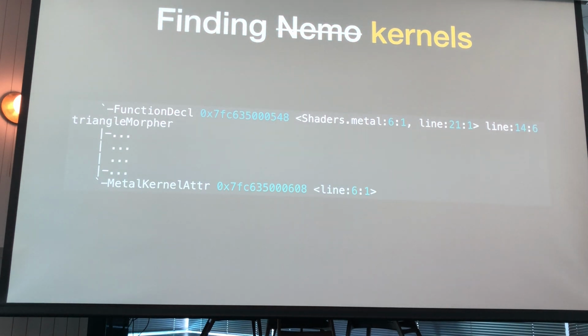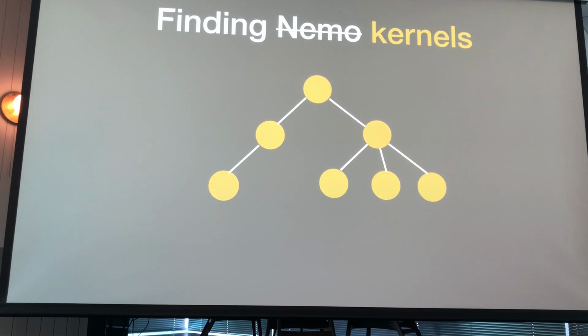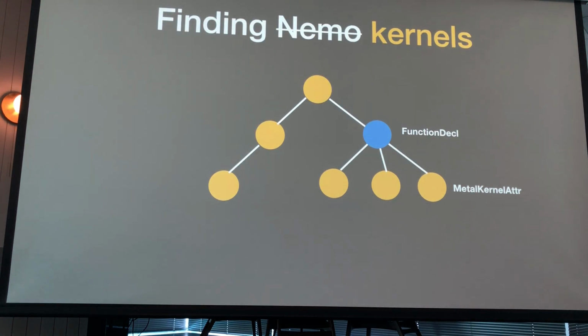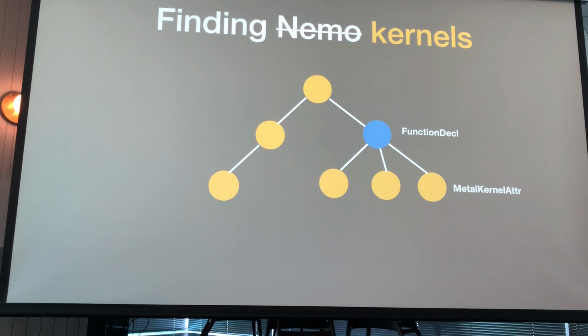So basically, the task was to find all nodes of the type function declaration that have a Metal kernel attribute among their children. Because not every function declaration is a shader. You can have general-purpose functions, and you can also have fragment shaders or vertex shaders. So you have to extract only the kernel shaders that you want.